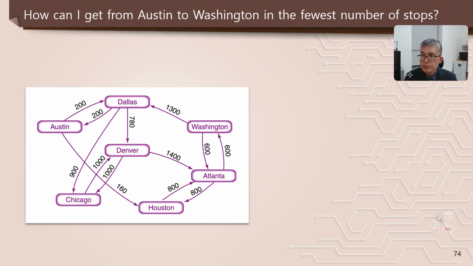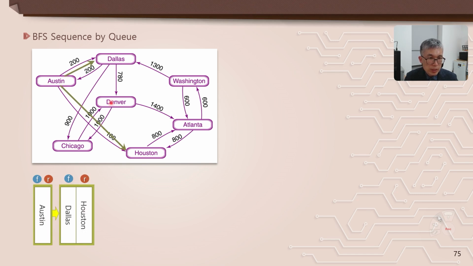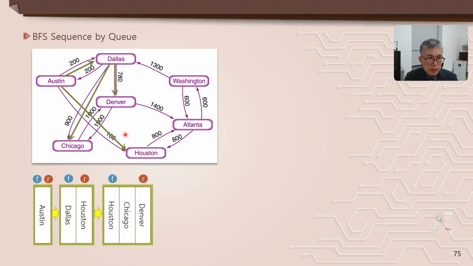So how can I get from Austin to Washington in the fewest number of stops? BFS by queue. This is Austin, front and rear are the same, and then Dallas and Houston are enqueued. Dallas is dequeued first, and its neighbors Chicago and Denver are enqueued.